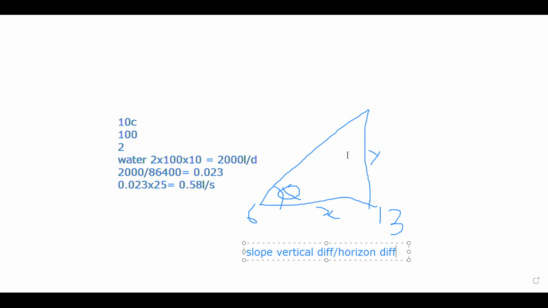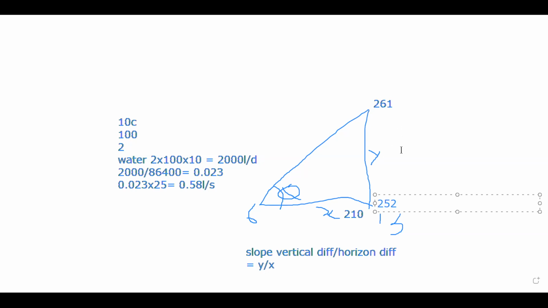So slope here is y over x. X is 210. Then y has two values. One is 261 at the highest point, and lowest point, it is 252.